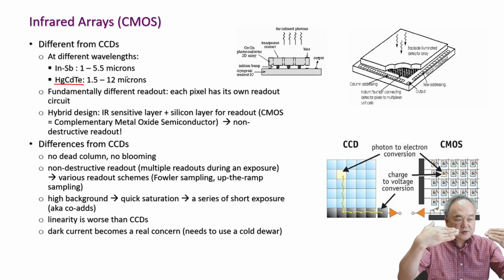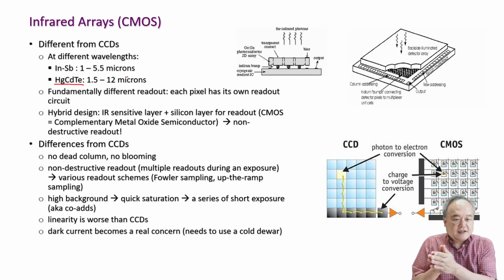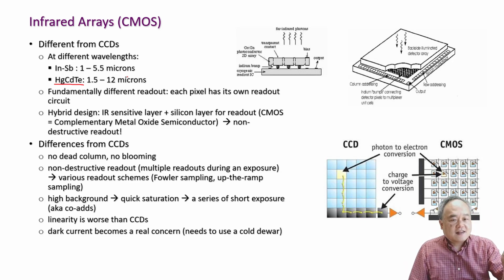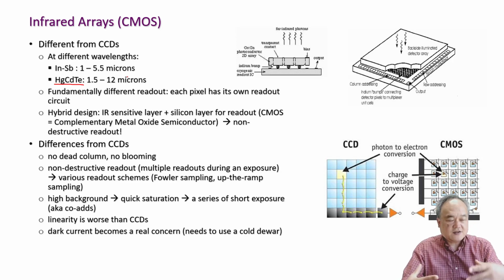Then the produced infrared photoelectrons are read out per pixel without any charge transfer. Why? Because infrared arrays operate at lower energy flux. When you move the charge transfer multiple times, the photon sensitive layers produce lots of dark current and noise sources.